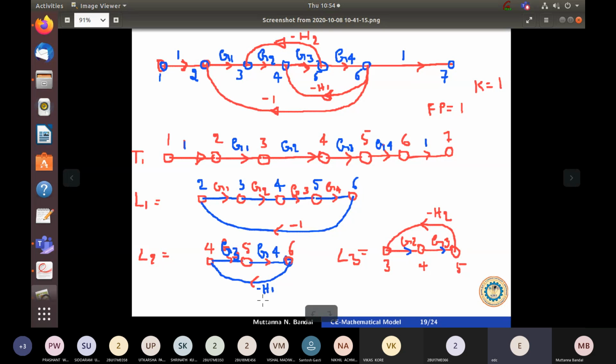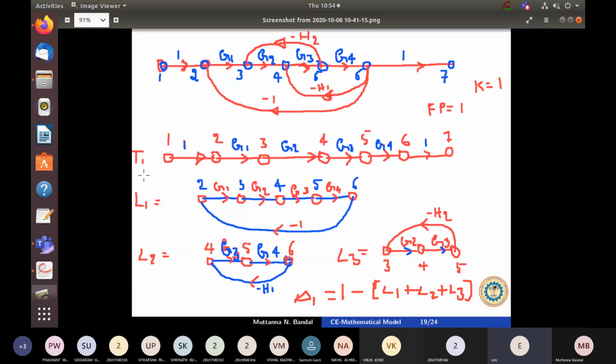Now to get this delta 1, I told you 1 minus L1 plus L2 plus L3 was there. Now to get this delta 1, I have to eliminate the loop in this equation which is touching the forward path. I have to check whether loop 1 is touching the forward path.